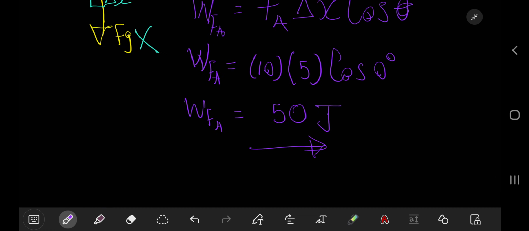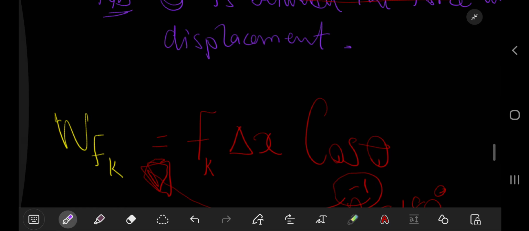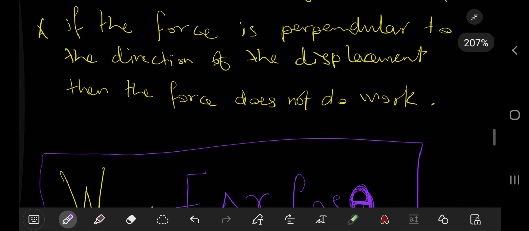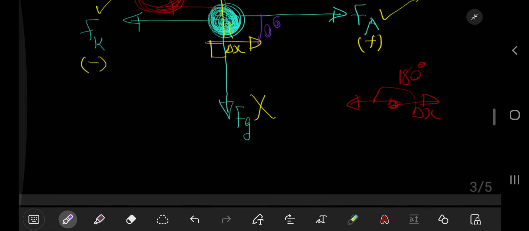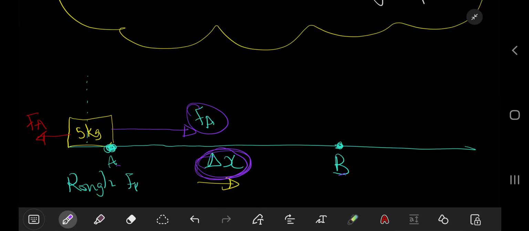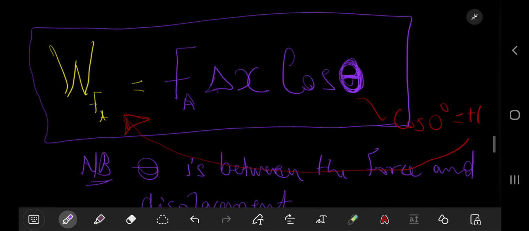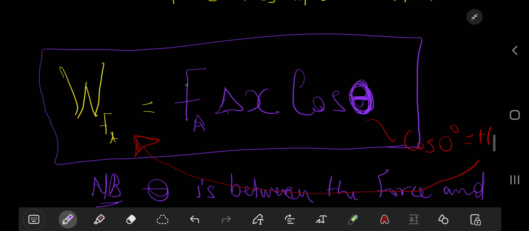Okay. So now let us clarify the definition of work. If you want to define work, we would define it using the formula that we use to calculate work, which is the product of the force and the displacement in the direction of the force.